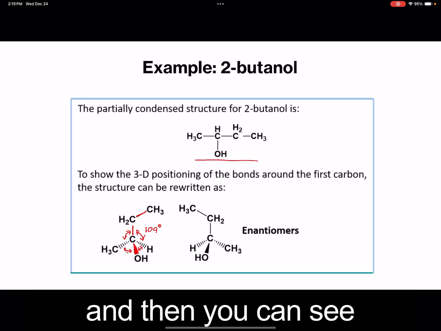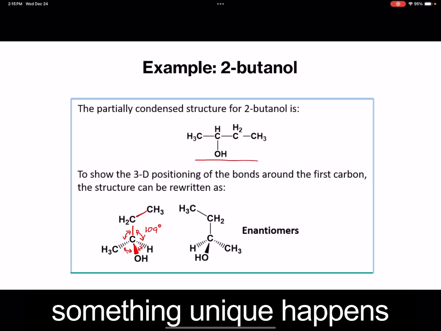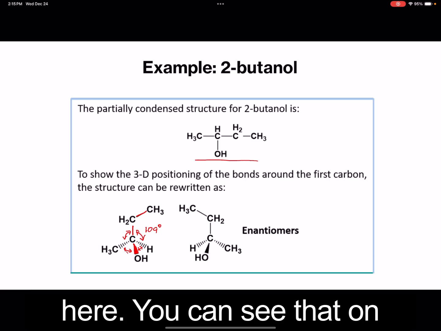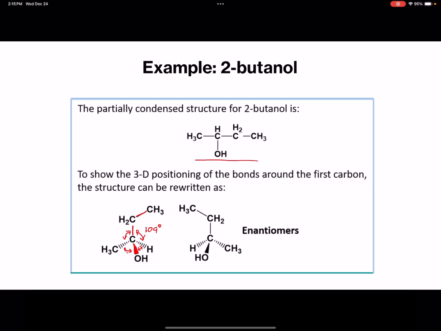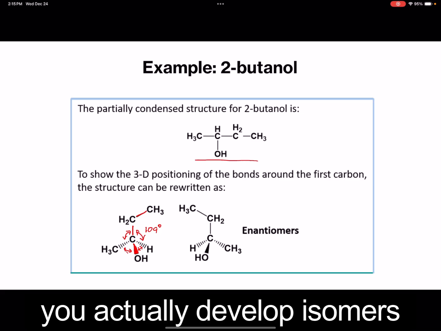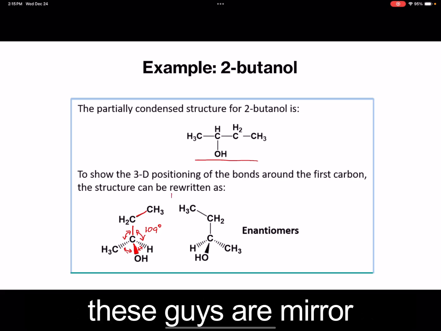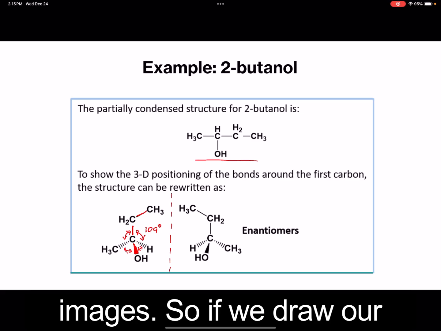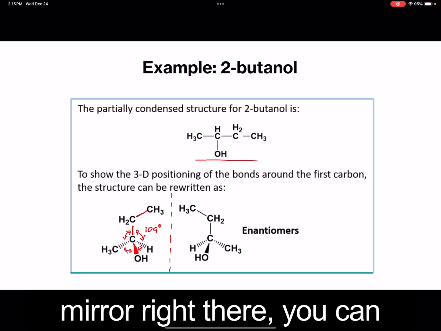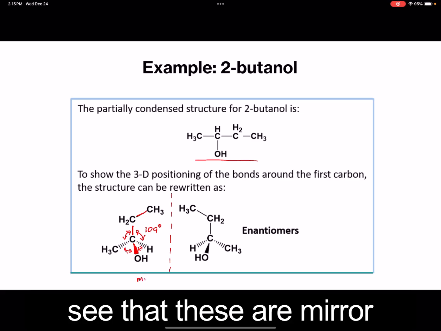And then you can see something unique happens here. You can see that on this side, you actually develop isomers of one another. Right? So these guys are mirror images. So if we draw our mirror right there, you can see that these are mirror images.